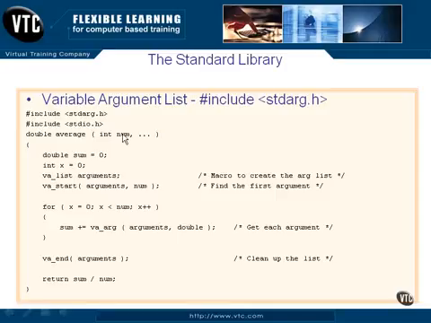So the num is the last one, so that va_start can find the stack and where these other items might be. And then we can just go through the list with va_arg, and va_arg will pick off the arguments out of this structure one at a time. And then when we're all finished with that, we call va_end on the arguments, and that will clean up this piece of memory. So that's just a recap of stdarg.h.